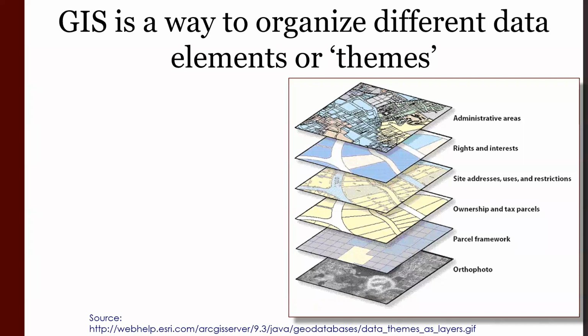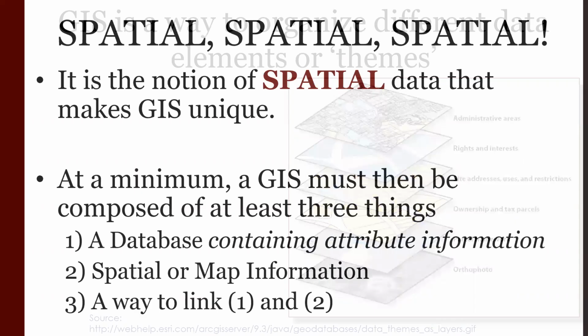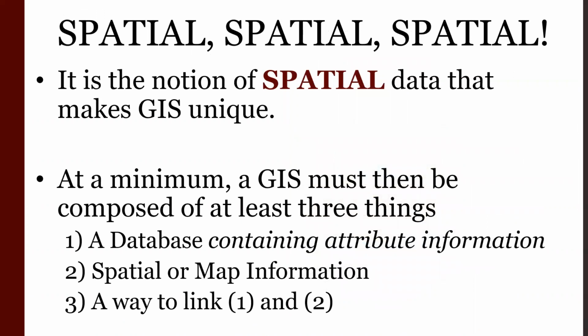We can put all of our different data, all of our different elements into different types, store it, process it, work with it, share it. And all of it is spatial. Or at least it can become spatial. Or at least it has spatial attributes that we can work with. Spatial data makes GIS unique.